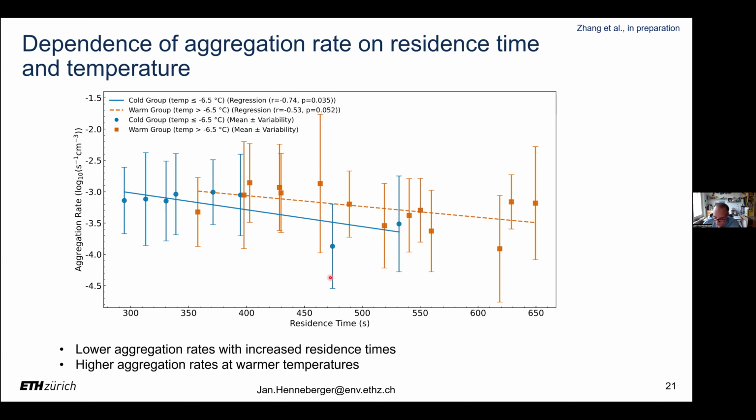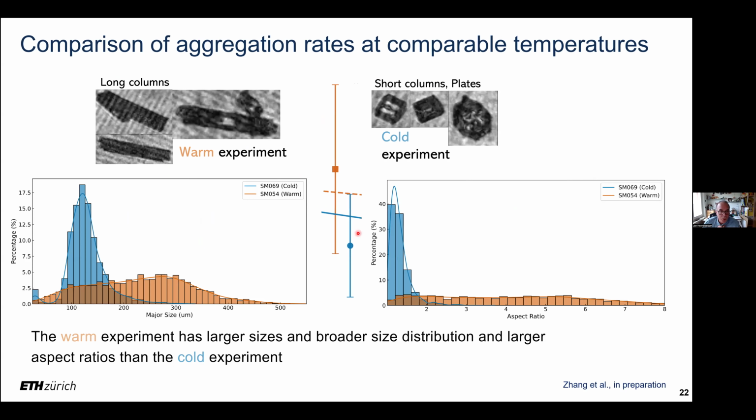We chose 2 experiments at the same residence time, but one is much warmer than the other. So here is the picture of it, and as is known, the one which is around -5 degrees has columns, and the cold experiment around -8 has plates.